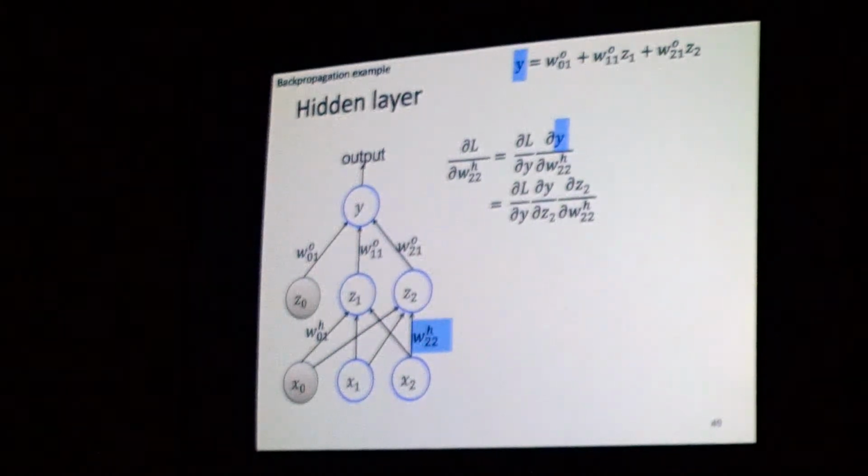You can see that W22H only connects to Z2, and between Z2, Z0, and Z1 there is no path. When we talk about a path, I mean a directed path. So there is no path, which indicates there is no computational dependency. That means the partial derivative of those irrelevant neurons with respect to W22H is simply 0.